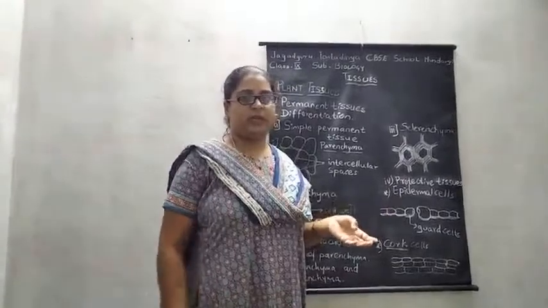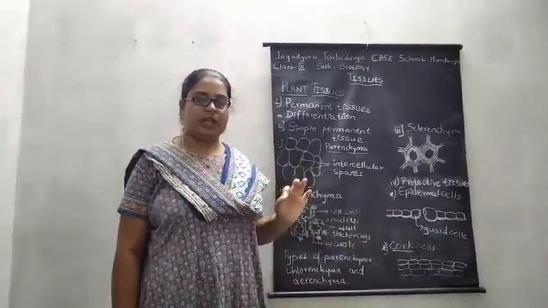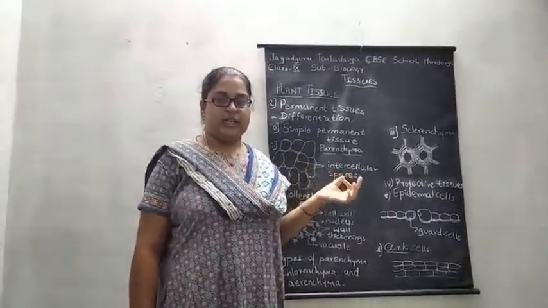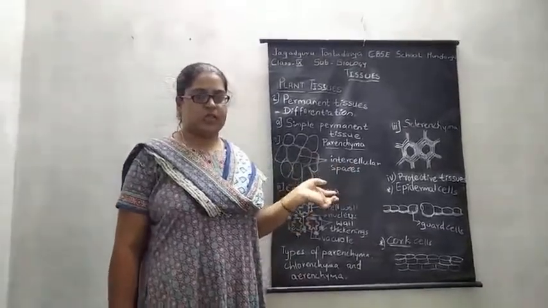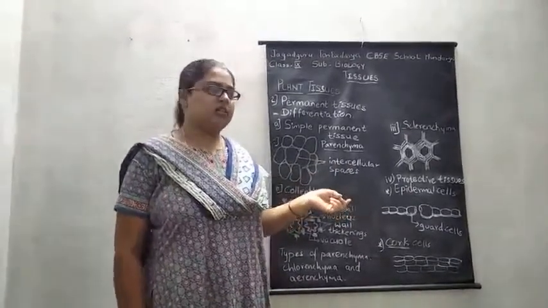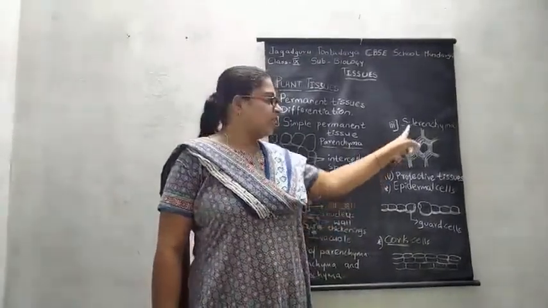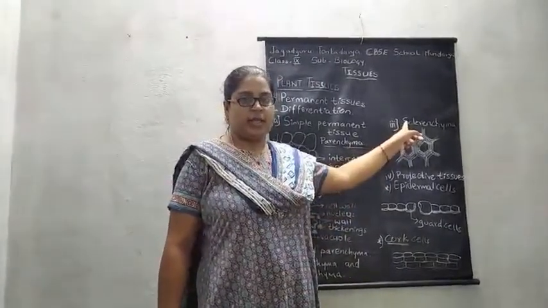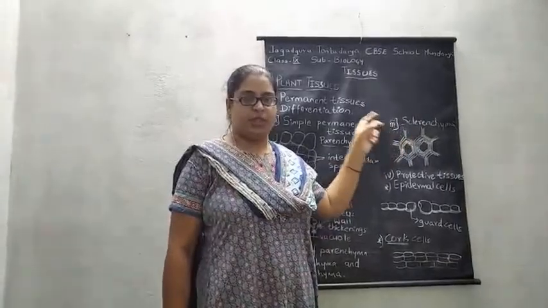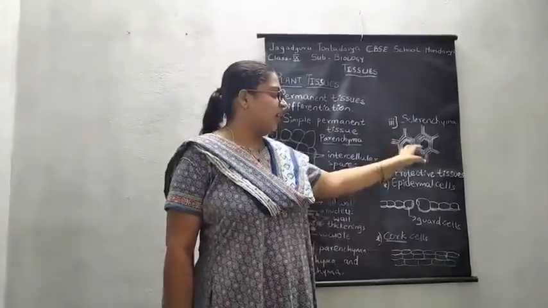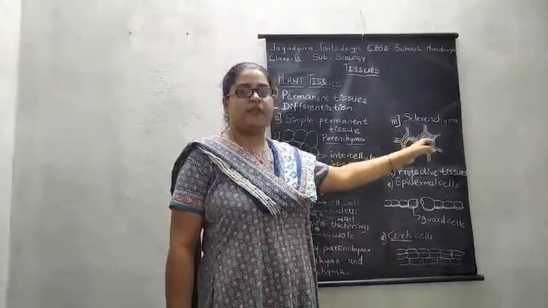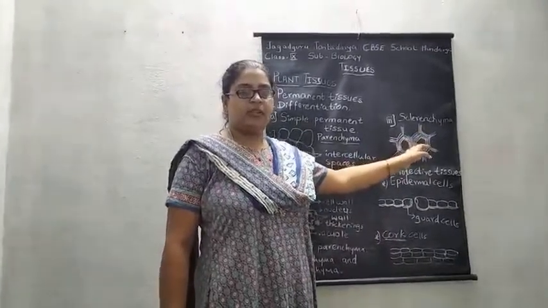They will not help in the photosynthesis process, and they will not help in providing any kind of nutrients to the cell, and they will not provide any kind of living activity inside the plants. So this sclerenchyma tissue is also called as dead tissue.